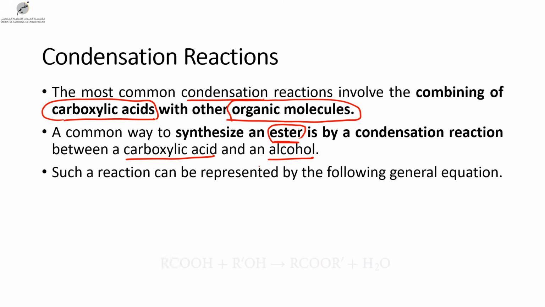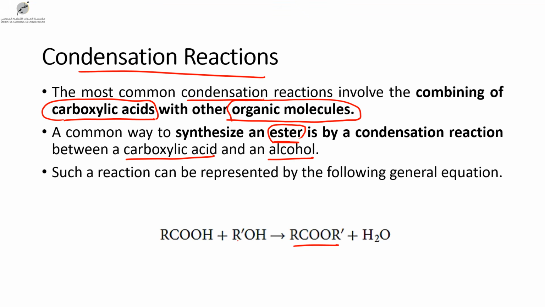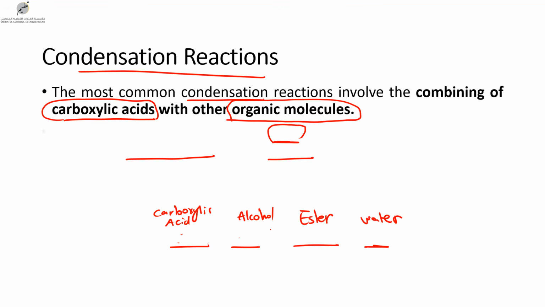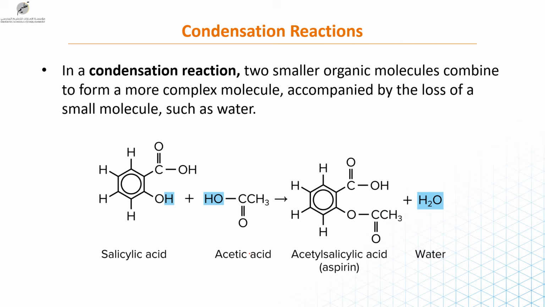This is the general formula of a condensation reaction: this is the carboxylic acid, this is the alcohol, this is the ester, and this is water. So two small compounds make a bigger, more complex compound, and you lose water. This is what we saw in the definition here, right? So this is a condensation reaction.